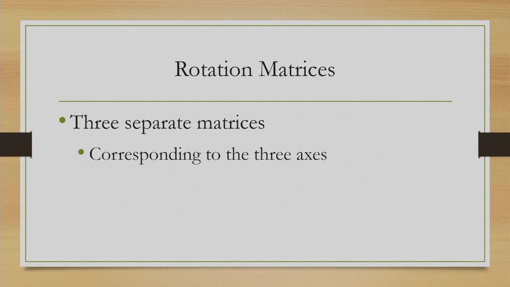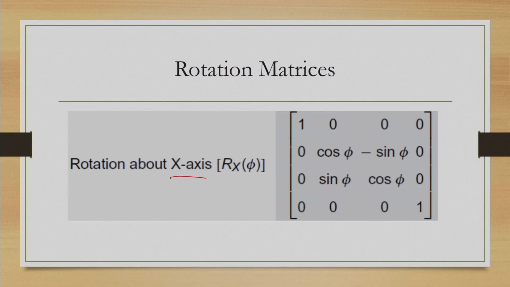As I said before, for rotation we do not have a single matrix. Instead, we have 3 separate matrices, each matrix corresponding to the rotation along a particular principal axis. So, therefore, since there are 3 axes, we have 3 rotation matrices. Rotation about x axis, when the angle of rotation is phi, looks something like this matrix.